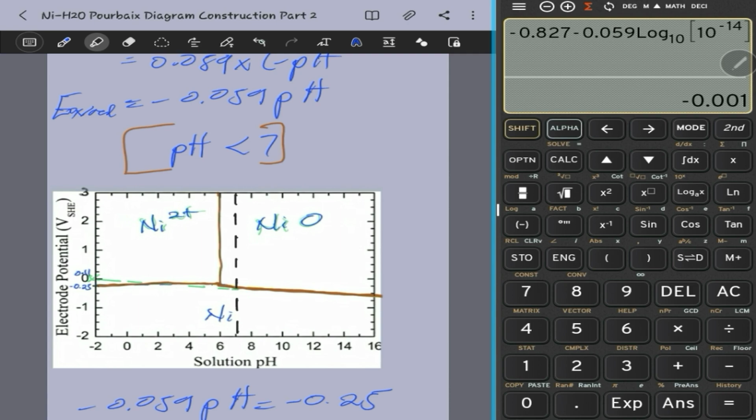The only difference is that it happens in a neutral or alkaline medium. So as a result, I start from here and it's in line with that one. We just draw a straight line that's in line with this green line that we have here, but it starts from where the green line ends. So I'm drawing a line that continues from where that one ended.